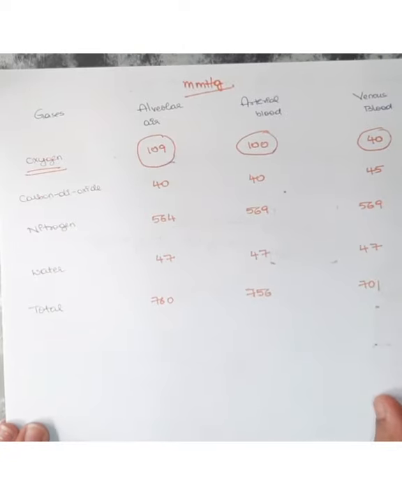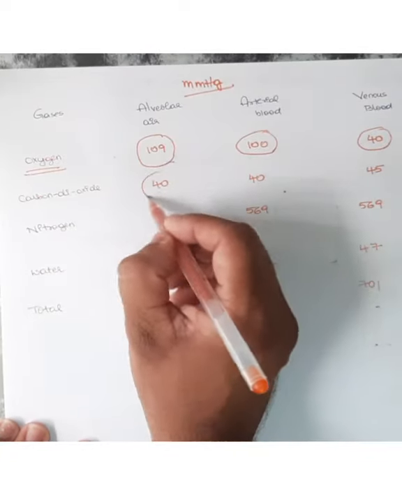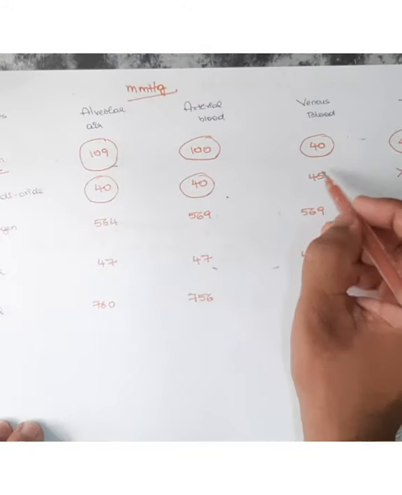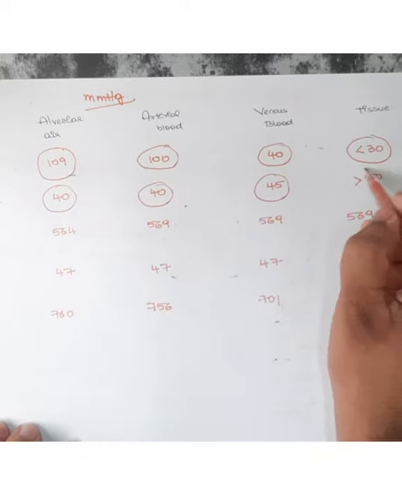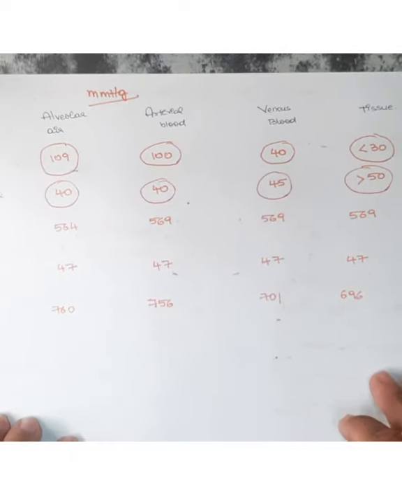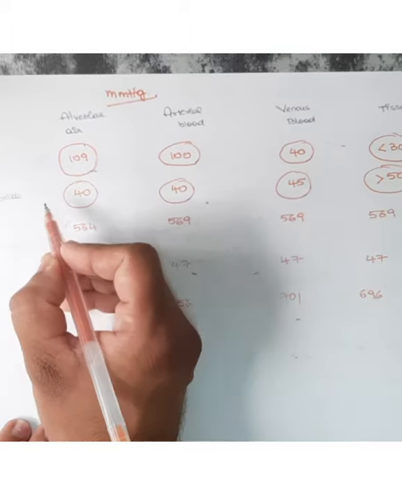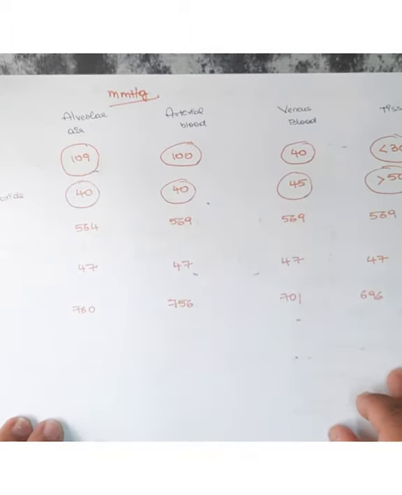For carbon dioxide, in the alveolar air it is 40 mmHg, in the arterial blood 40, in the venous blood 45, and in the tissue more than 50. So it is just opposite: the movement is from the tissue to the alveolar level.